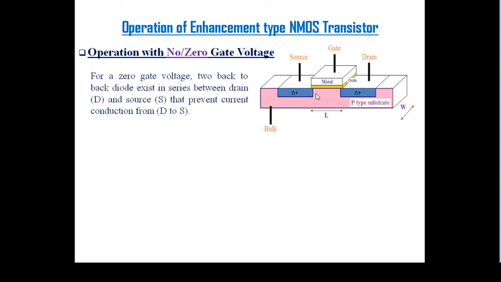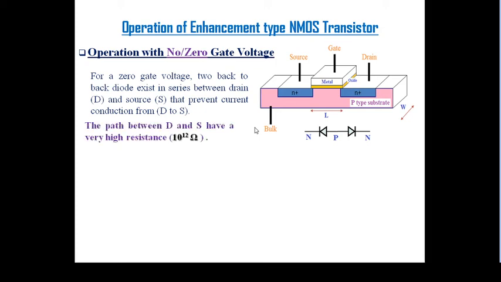The N region, P region, and P and N between drain and source prevent current conduction from drain to source. Two back-to-back diodes exist like that, an N plus region and a P region, so there will be no current in this region. It offers very high resistance, around 10 to the power 12 ohm.